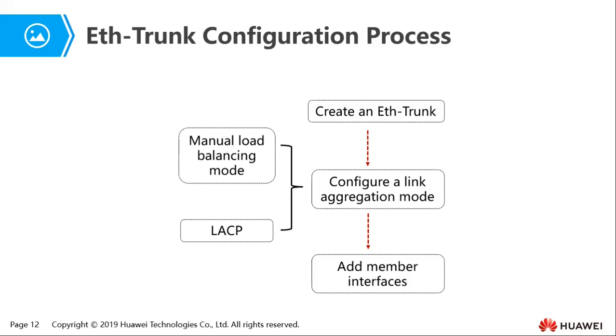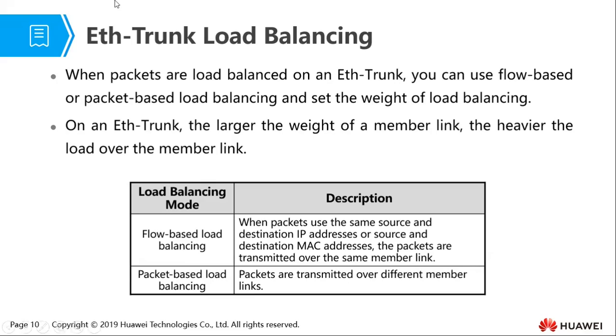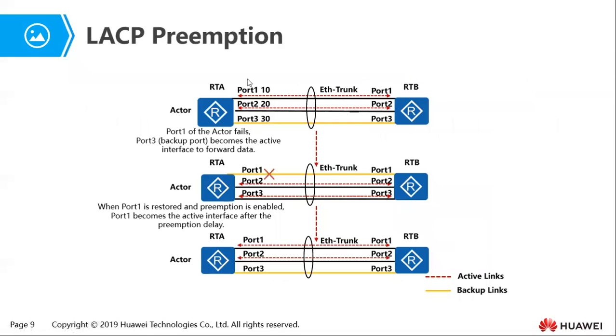Oh, I didn't talk about the weight, I'm sorry. So we also talked about the weight, that you can set the weight of load balancing. Now, generally, when you're using load balancing, the default is that all active links forward with the same percentage.